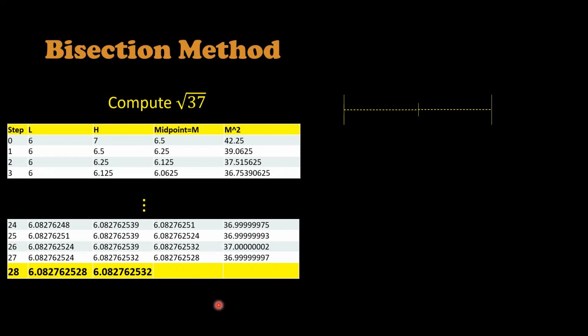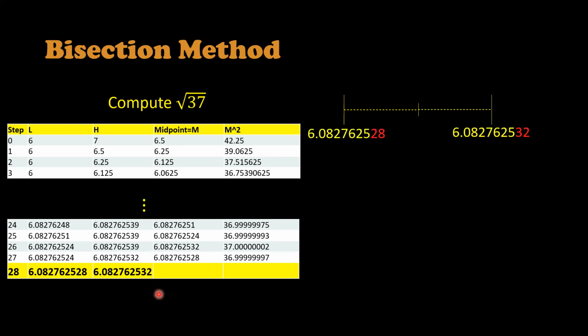This number right here is definitely less than the square root of 37, and this number right here is definitely bigger than the square root of 37. So after 28 steps of this, trust me, I did the work, I coded it up, we end up with the square root of 37 somewhere in between those two numbers.